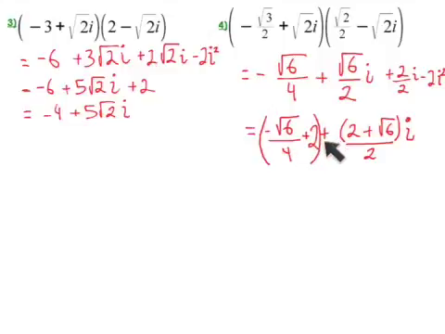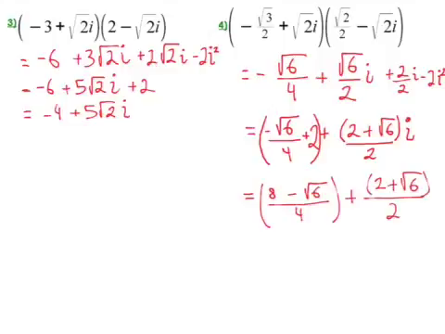So I might write this 2 with a denominator of 4, and I can express it just like this, and we have our complex number in surd form.